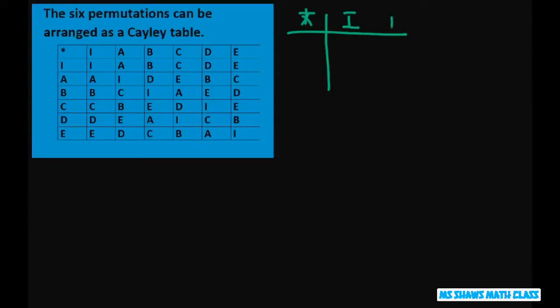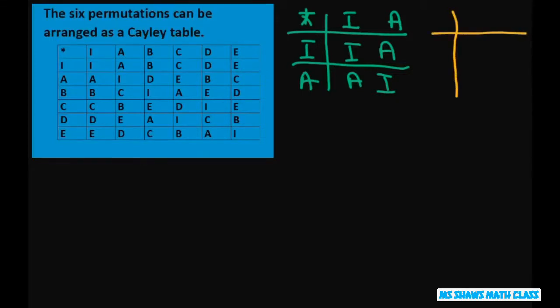We have I, A, which gives you I, A, and A, I. Another one is star, I, B. So this would be IB, IB, and BI.